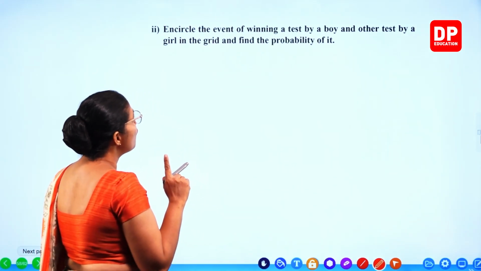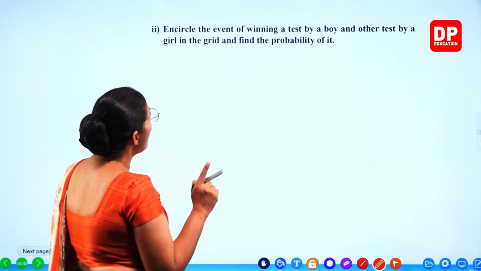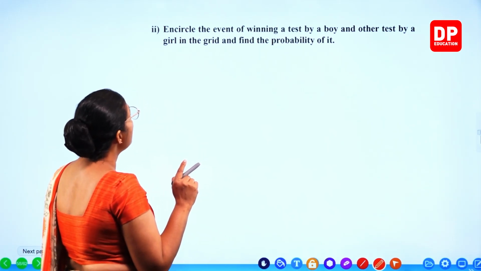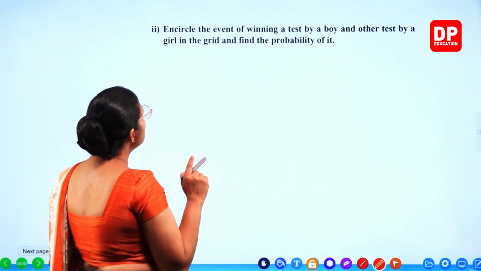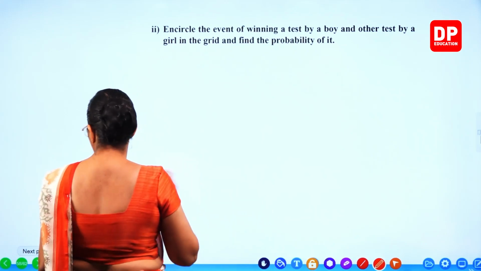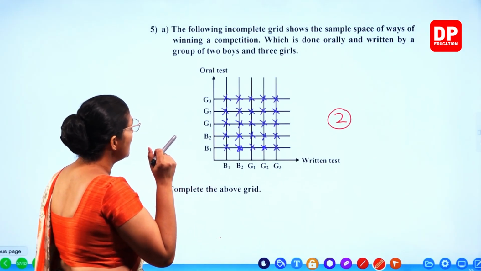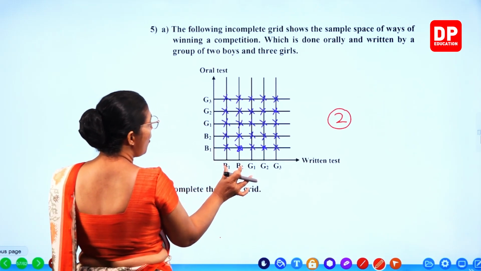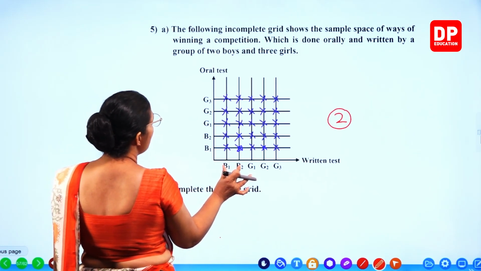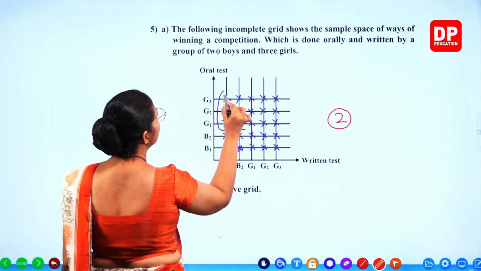Encircle the event of winning a test by a boy and the other test by a girl in the grid and find the probability of it. So, one is from a boy and one is from a girl. So, if it's a boy in the written test, then that should be a girl for the other one.